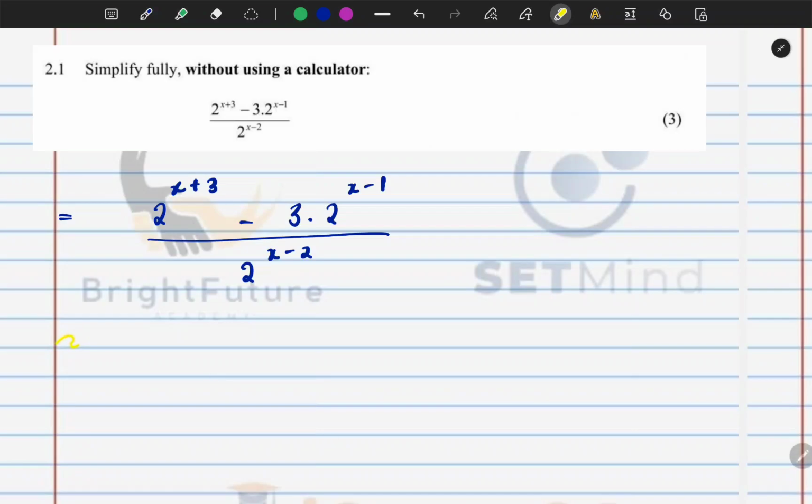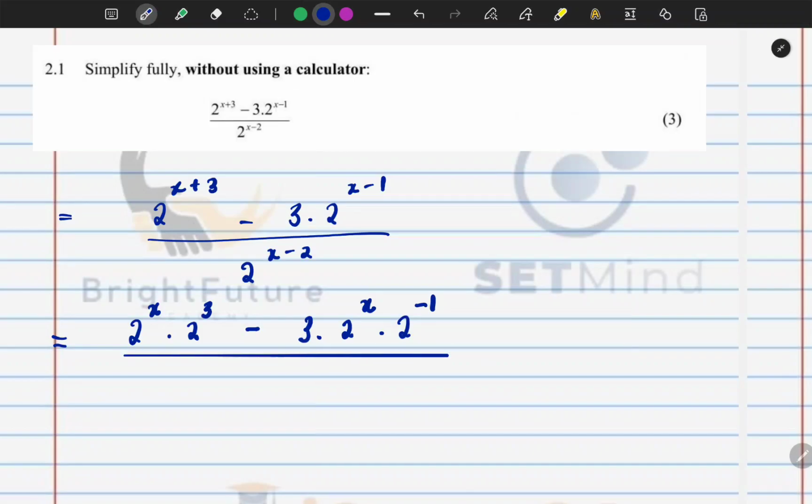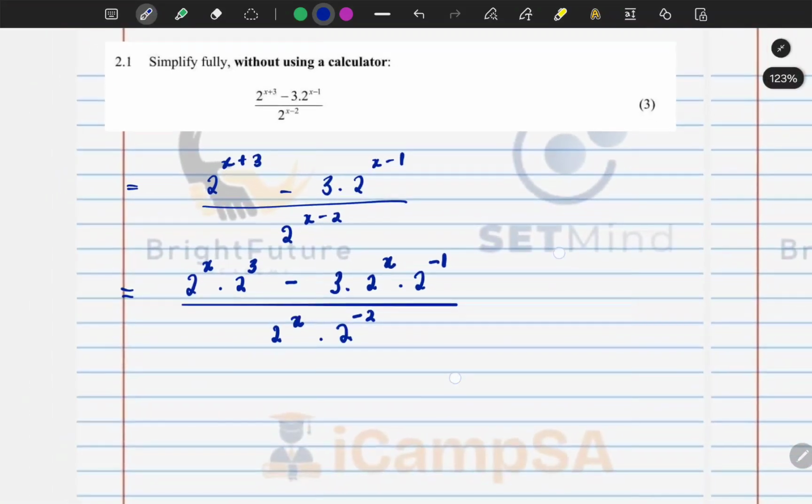So I am going to break this down: it's going to be 2 to the power of x times 2 to the power of 3, minus 3 times 2 to the power of x times 2 to the power of negative 1, and then I am going to have 2 to the power of x times 2 to the power of negative 2.